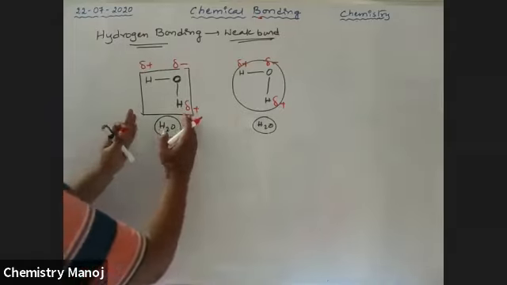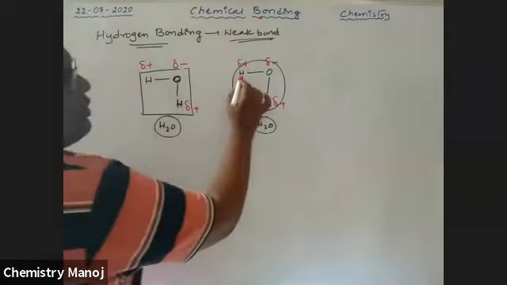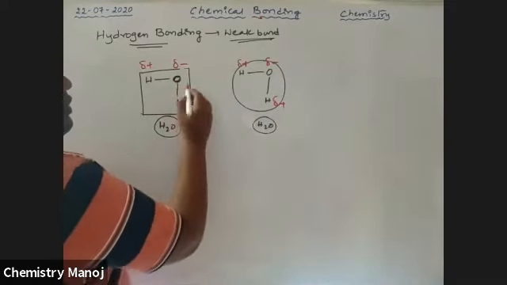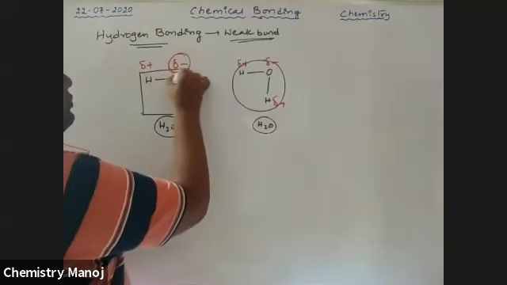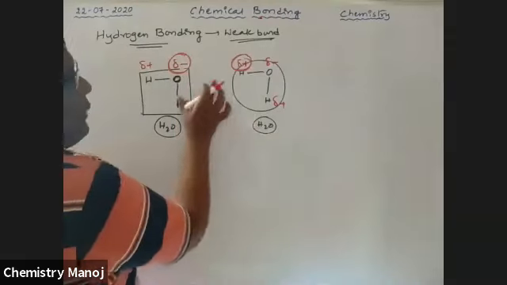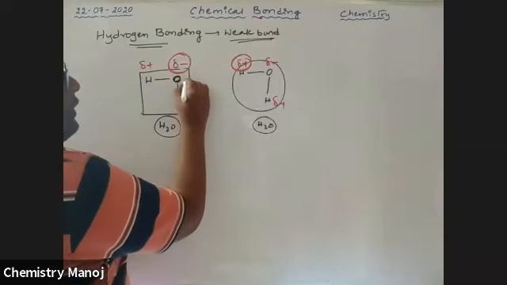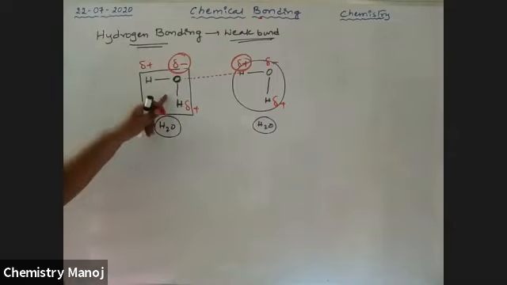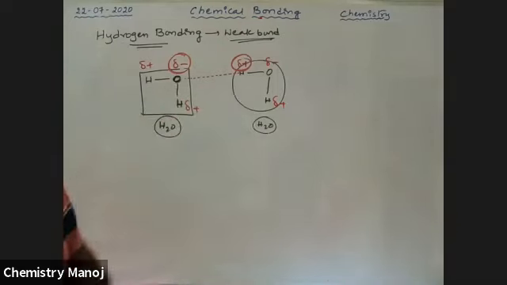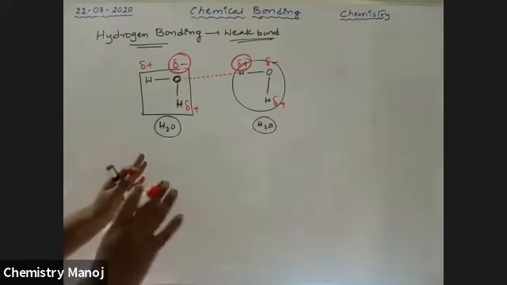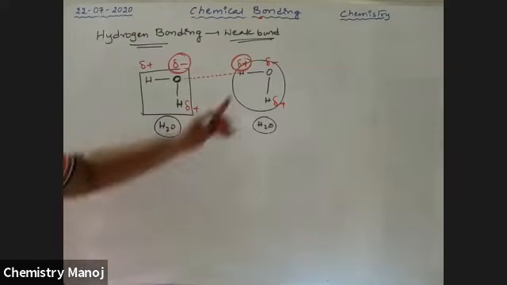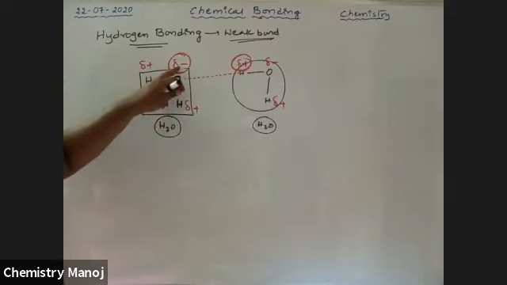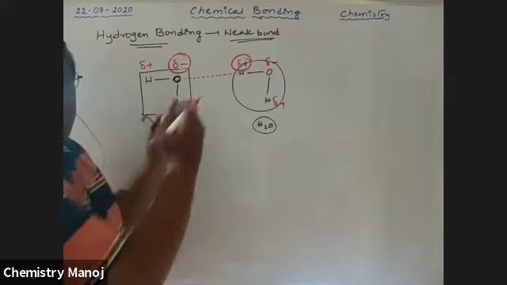Now, it is one water molecule and another water molecule. Here, hydrogen is connected with oxygen, a highly electronegative element. Because this is negative and this is positive, and these two are nearer to each other, there is a weak electrostatic attractive force between the oxygen atom of this molecule and the hydrogen atom of another molecule. Actually, there is no interaction between them, but because of polarity, hydrogen gets a partial positive charge and oxygen gets a partial negative charge, so they are nearer to each other.